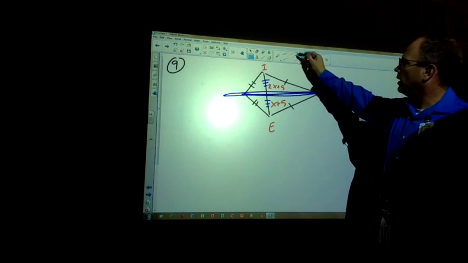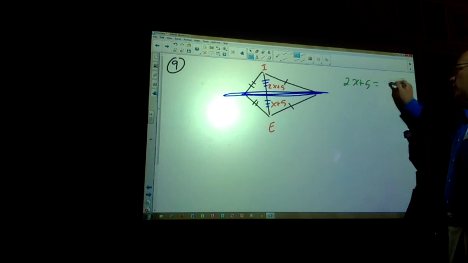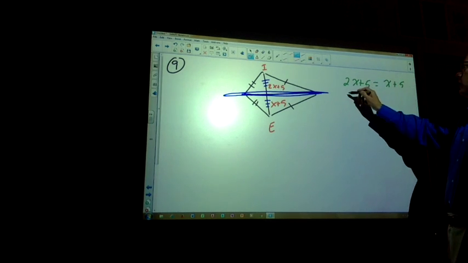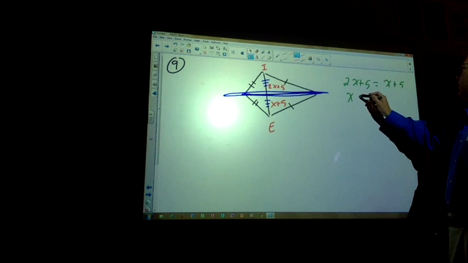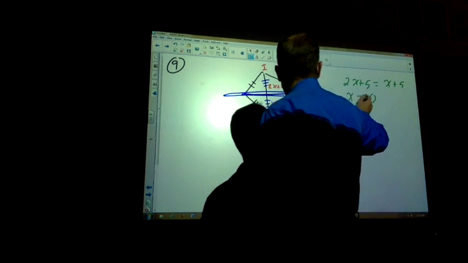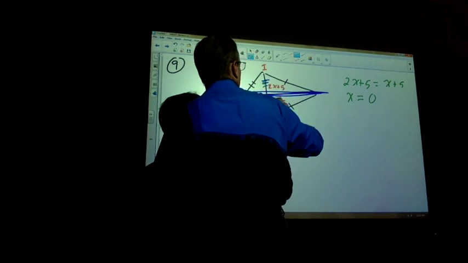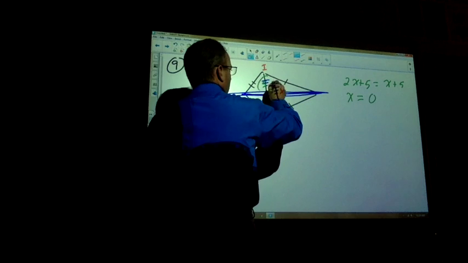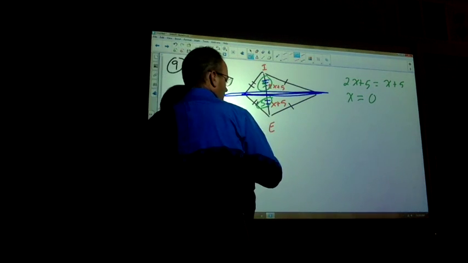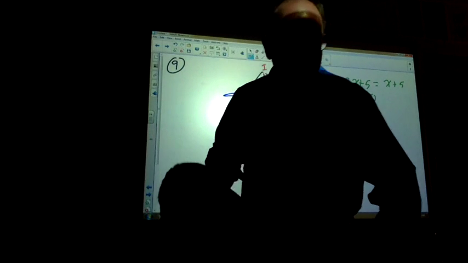So if those are equal to each other, I can set them equal and do a little bit of algebra. I'm going to subtract x and then subtract 5, and then x is equal to 0. So that means that's 5, and that's 5. So what's the whole distance? 5 plus 5 is 10? Actually, it's x plus 8.